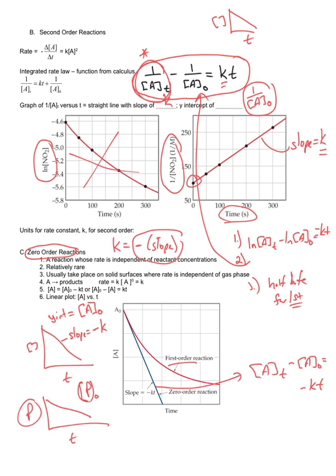So the concentration at a specific time minus the initial concentration equals negative rate constant times the time interval. Those are the integrated rate law functions that we can now use as linear equations to solve for any specific variable: the initial concentration, the later concentration, the rate constant, or the time interval.